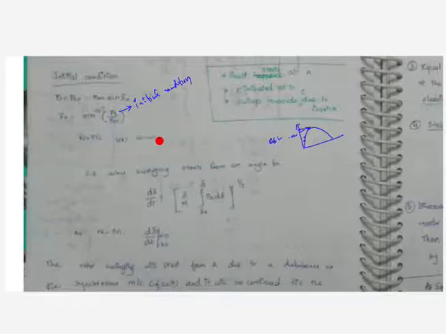So delta zero will be our initial condition. The oscillation happens between delta zero and delta, right? And at synchronous speed, this will be zero.